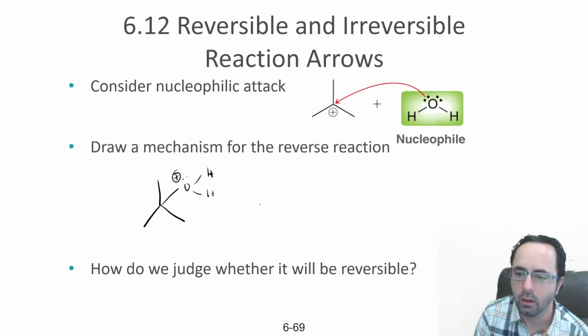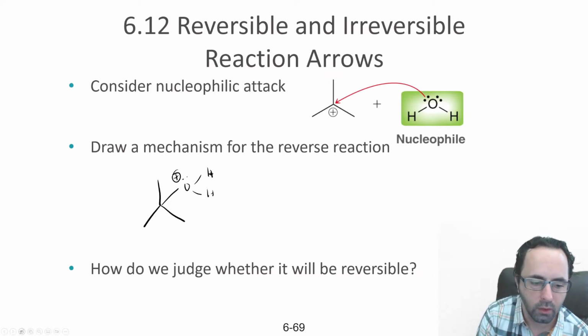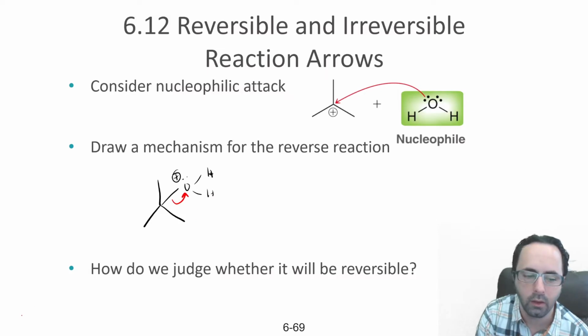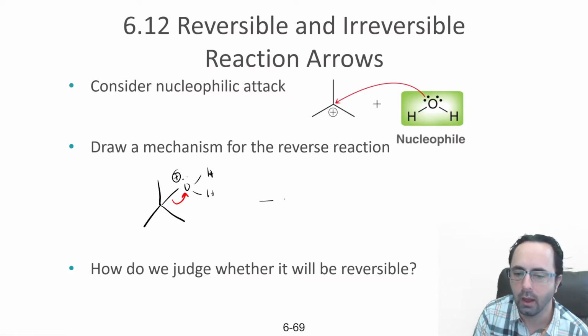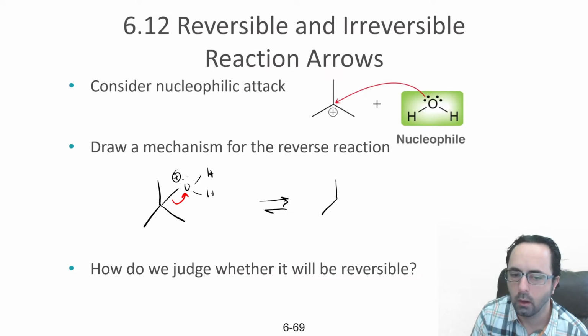And if we're talking about the reverse reaction, in this case, this would just be the loss of the leaving group. So the mechanism for the reverse reaction would just be the opposite of the nucleophilic attack, the loss of the leaving group. And then we would have our initial reactants back.